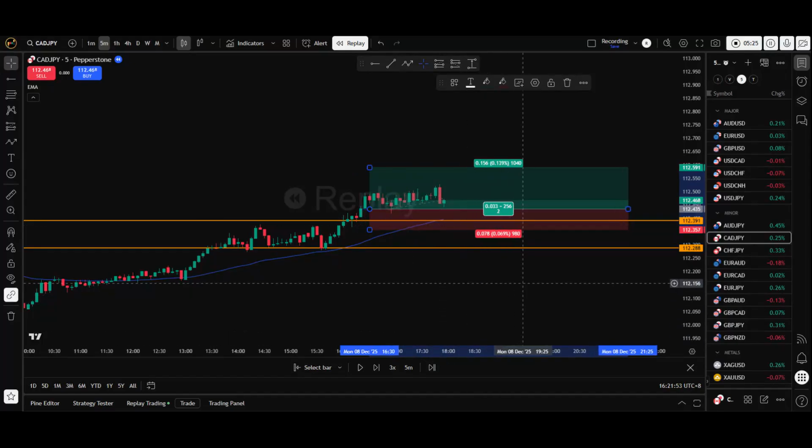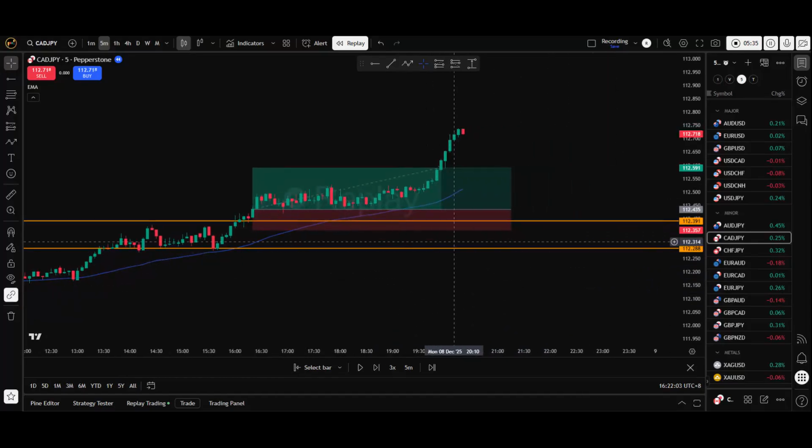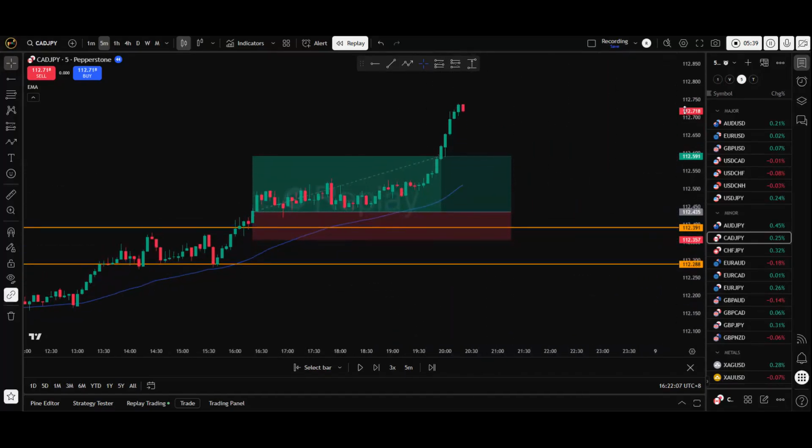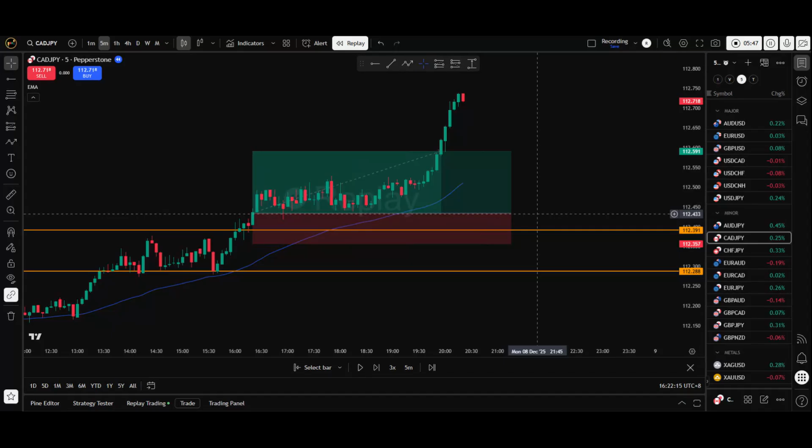And let's just take a bar replay. All right, price above 50 EMA, and it's going up. After it breaks 2R, I prefer setting my stop to the break even price, to protect our trade, and then we trail it from there.